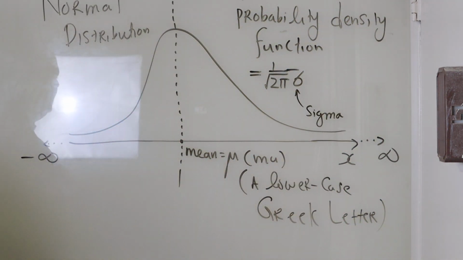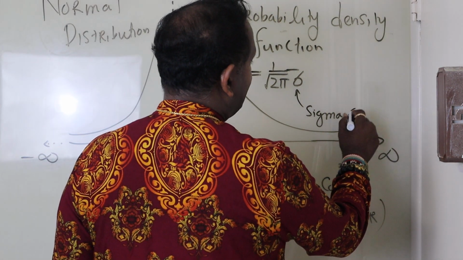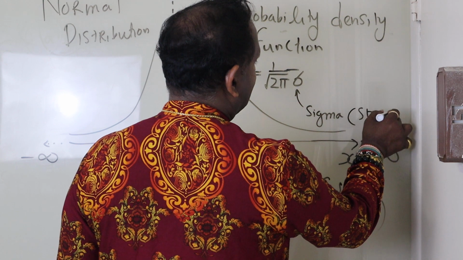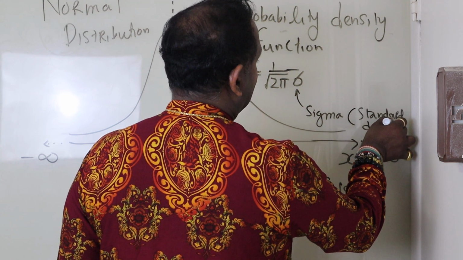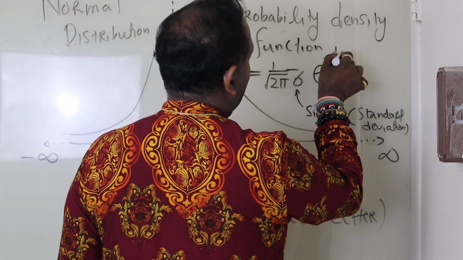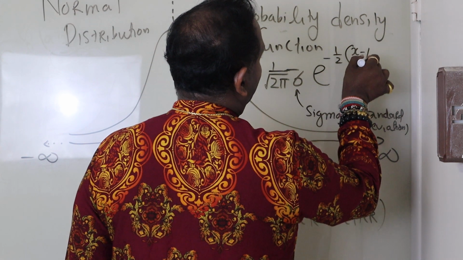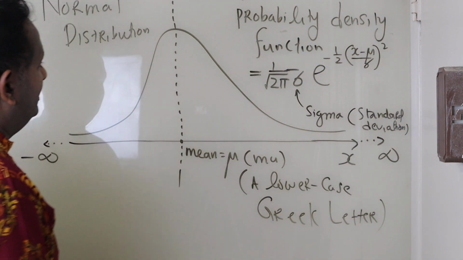It's another lowercase Greek letter to denote standard deviation. And e to the minus half x minus mu over sigma squared. See, that's the formula.